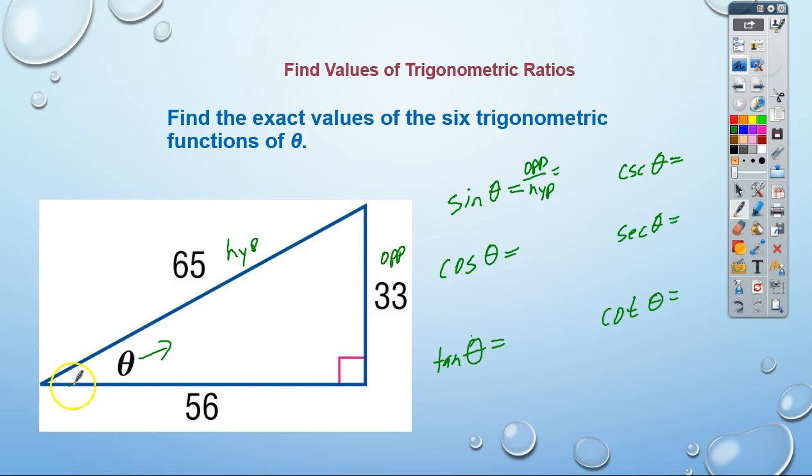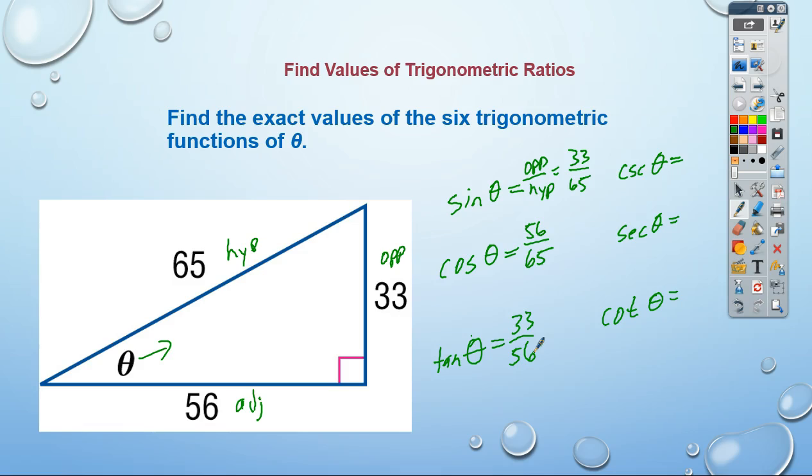And the line that is adjacent because it's part of theta and it's not the hypotenuse, that is my adjacent side. So that I have that, I'll just plug and chug. Sine is 33 over 65. Cosine of theta is adjacent over hypotenuse, 56 over 65. Tangent is opposite over adjacent, 33 over 56.